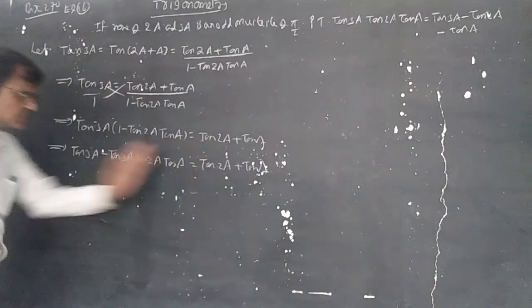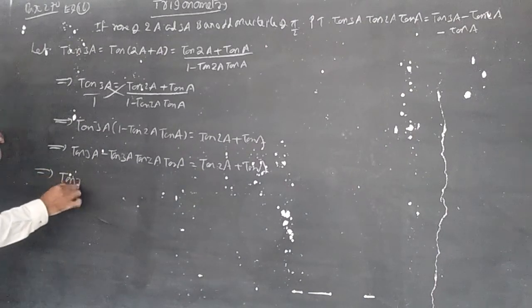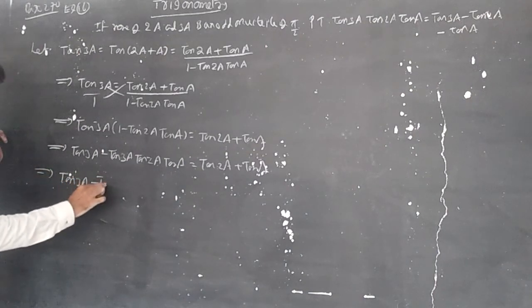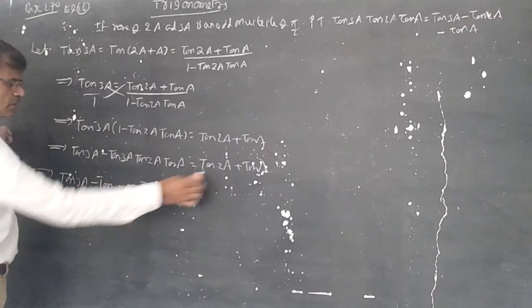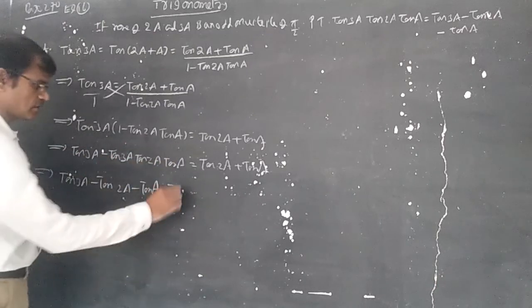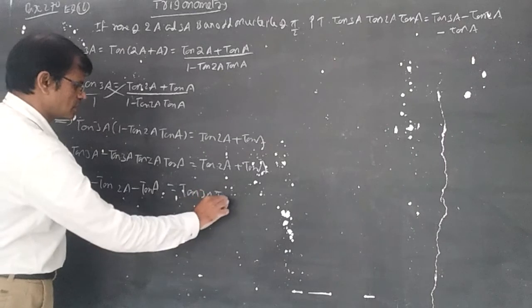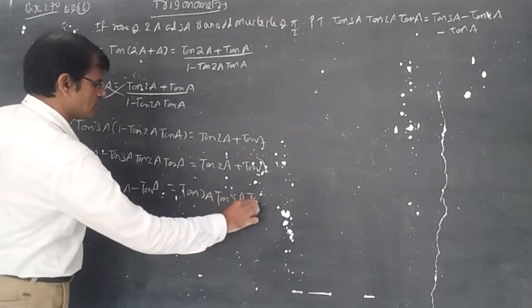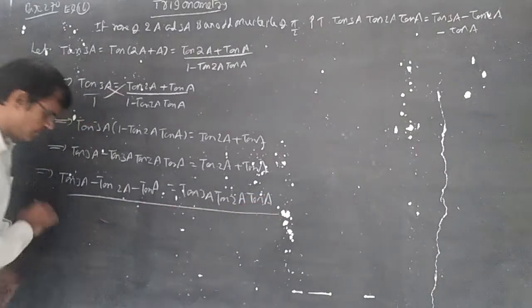Taking tan 2a plus tan a to the left side, it becomes tan 3a minus tan 2a minus tan a. The minus taken to the right side becomes positive. So it is tan 3a into tan 2a into tan a.